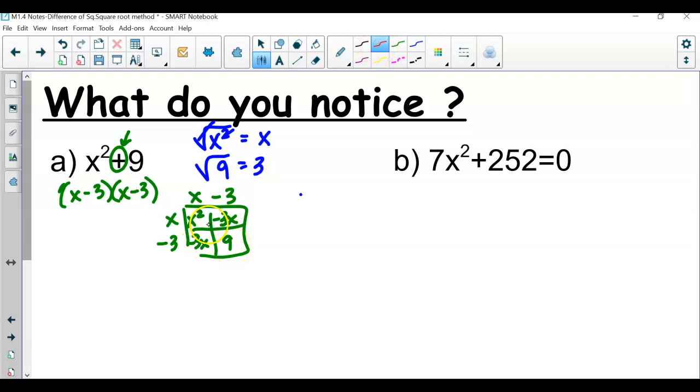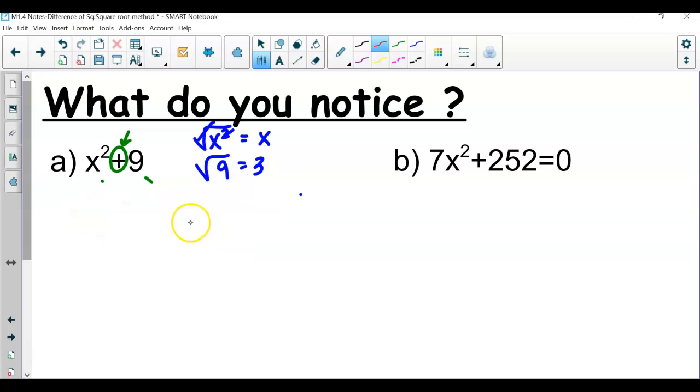But again, notice how on the diagonal, do the negative 3x's cancel each other out? No, because negative 3 plus negative 3 is now negative 6x. So now we're thinking, okay, how are we supposed to factor the sum of two perfect squares if basically we can't factor it, right?